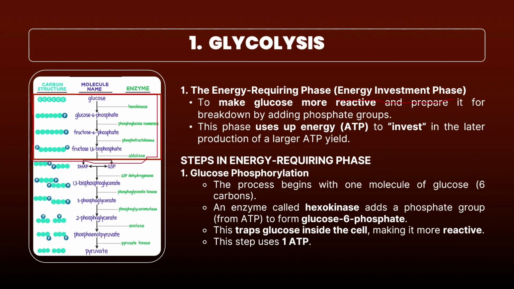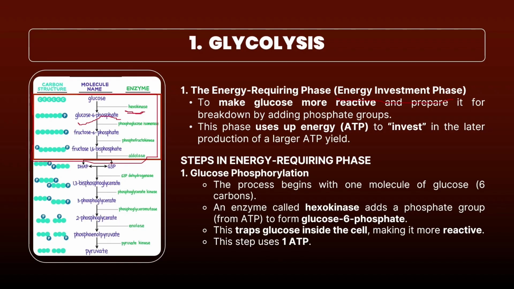The first step is glucose phosphorylation, in which the enzyme hexokinase adds a phosphate group from ATP to glucose. This forms glucose 6 phosphate, or G6P.